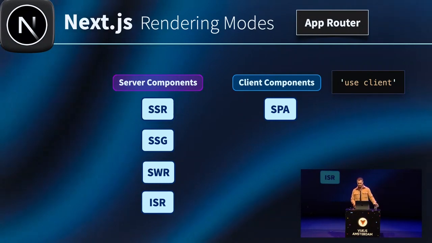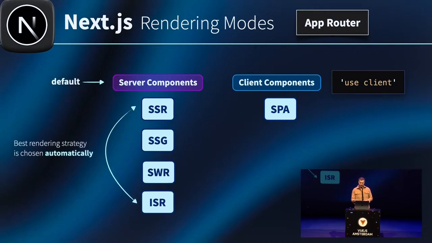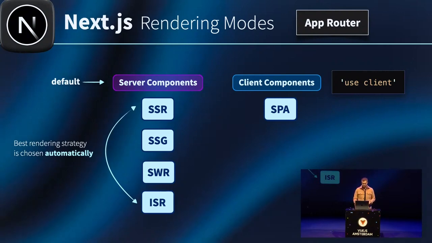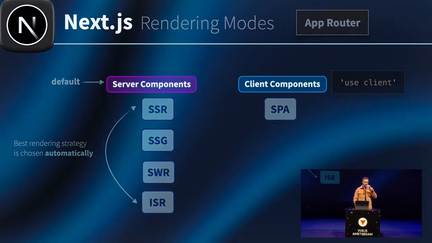It'd function as an SPA page, whereas server components are going to be the default, and their rendering strategy is actually automatically chosen by Next.js, and it's going to look at things within the file, like the presence of maybe getServerSideProps for real-time data, or getStaticProps for pre-built pages, and configure that rendering strategy automatically.